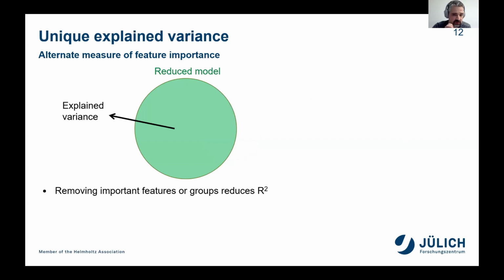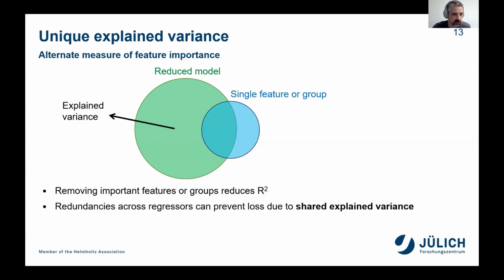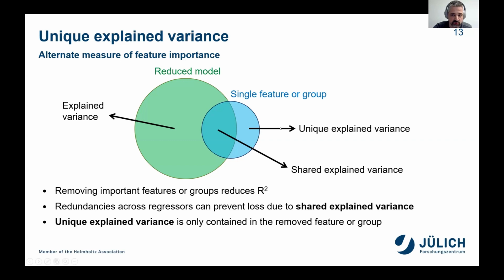So basically, removing some features that are informative from the model makes the model worse. But at the same time, when I add that feature back in, not all of its explained variance is visible in the model because some of the model components might be redundant. So there's a certain amount of shared explained variance that the model can compensate for if I remove a variable. But at the same time, there's some unique explained variance that you can really only account for if that regressor set is added.